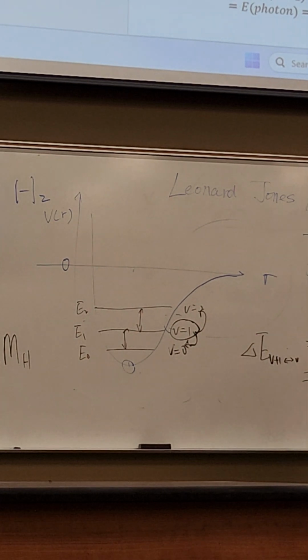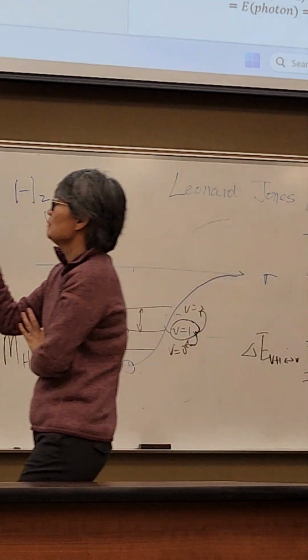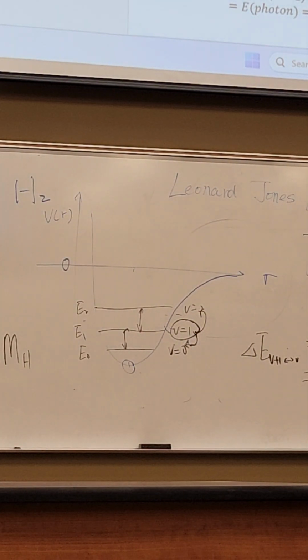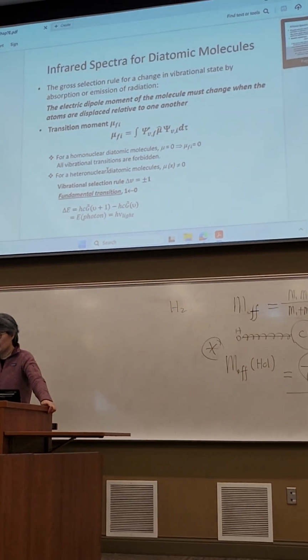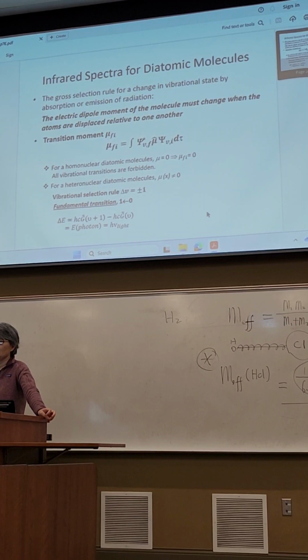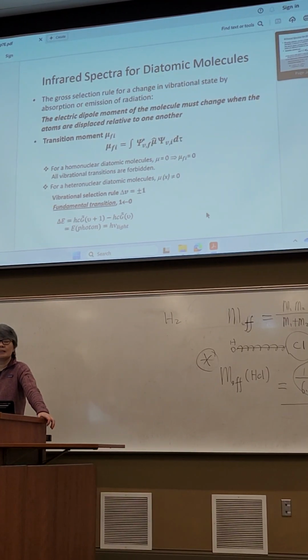The absorption. Okay, now in this particular slide, the selection rule is really saying that the electric dipole moment of the molecule must change when the atoms are displaced relative to one another.